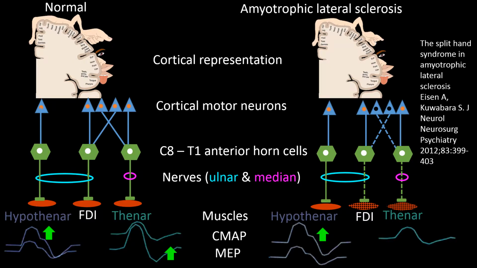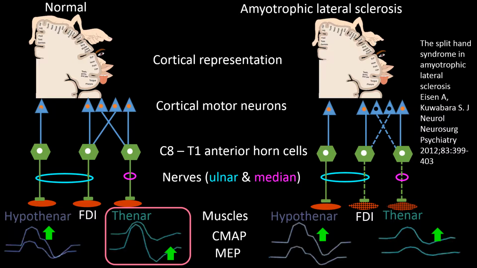Notice the size of the compound muscle action potential triggered by nerve stimulation and the size of the compound muscle action potential triggered by cortical stimulation. Following median nerve stimulation, the compound muscle action potential is much larger than the potential obtained following cortical stimulation.